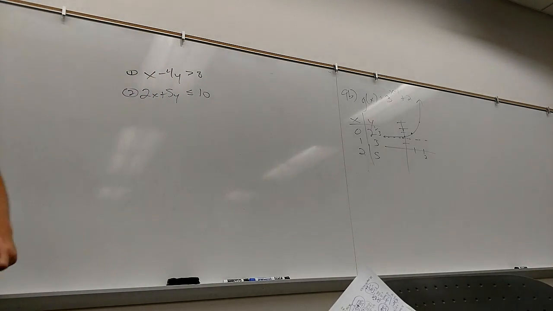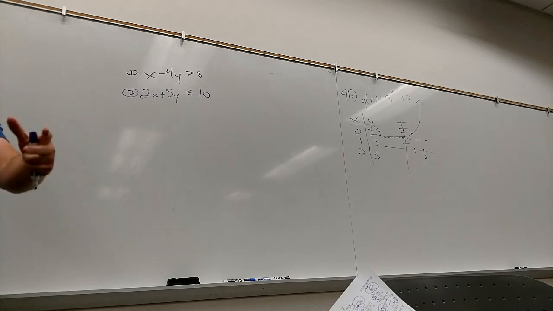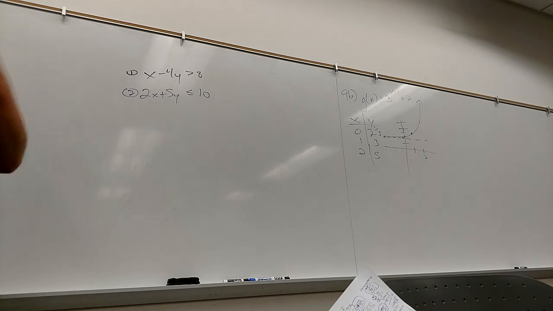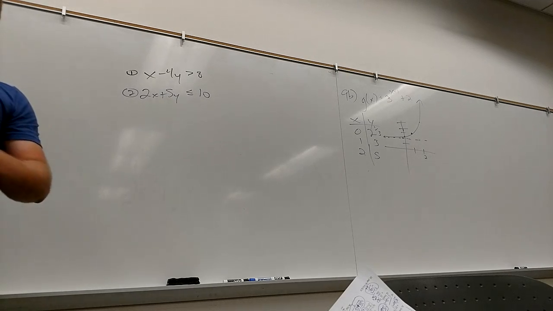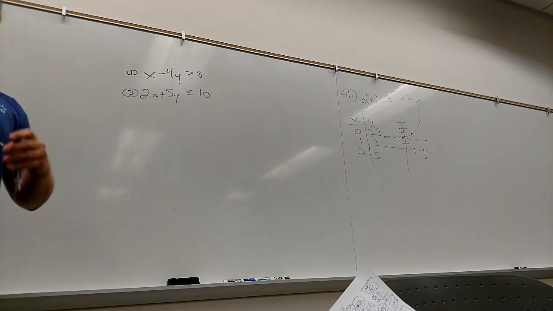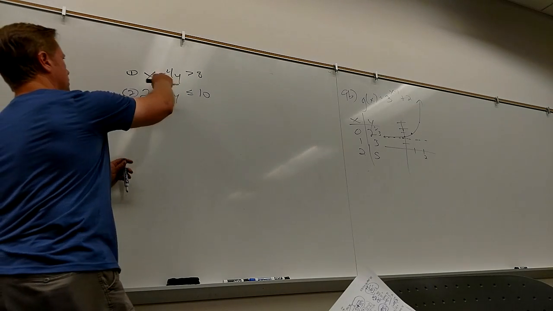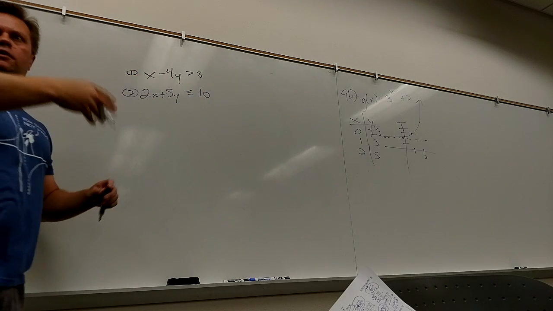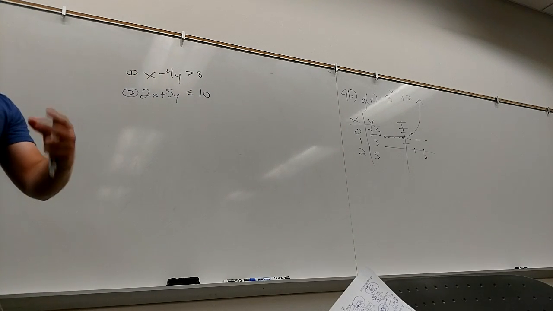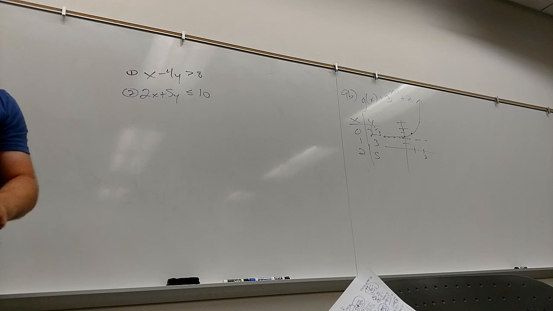Now you don't have to do this, but there are people that find the x and y intercepts. Are the x and y intercepts always nice? No. So it's better generally to solve for y and put them in line form so you can see the slope and the y-intercept. It's not going to be as crazy.